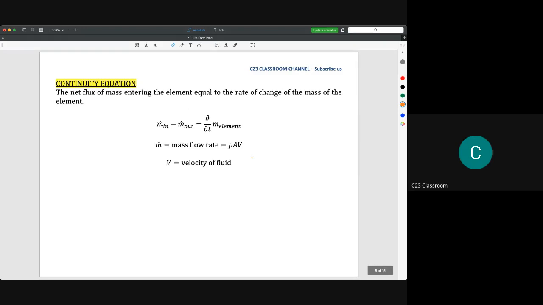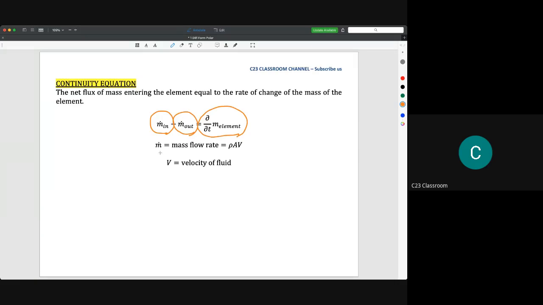Okay, so we start our calculation about the continuity equation, and we are still using the same idea that we explained yesterday. We have mass flow rate at inlet minus mass flow rate at outlet, and it must be equal to dm dt, meaning the change of mass according to time inside the system.